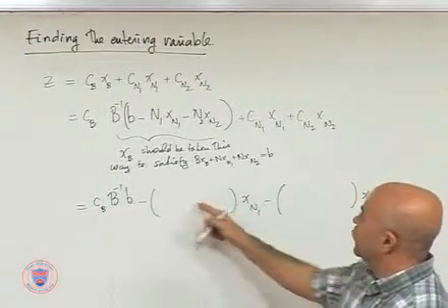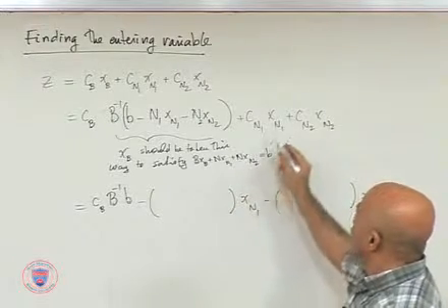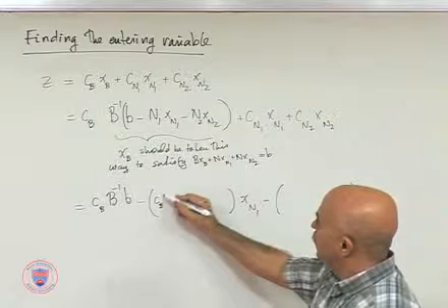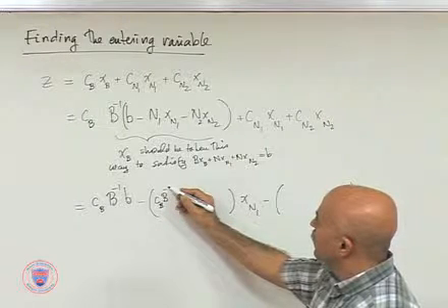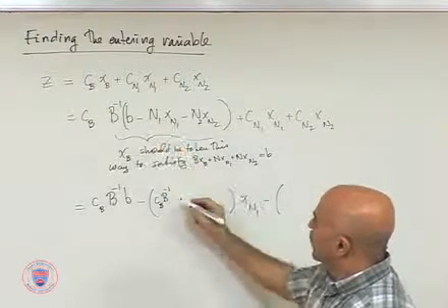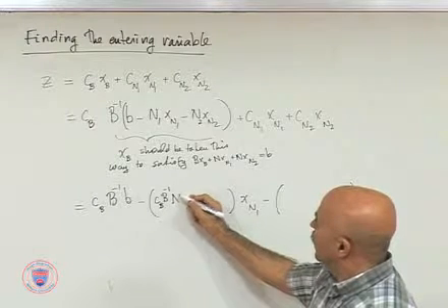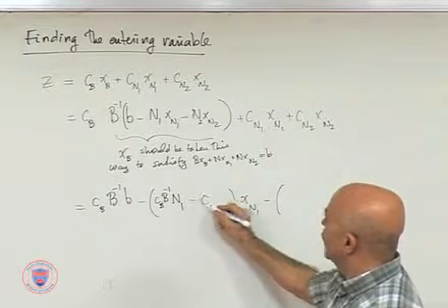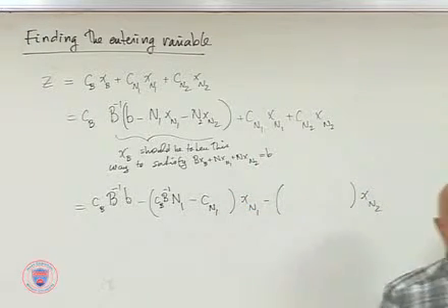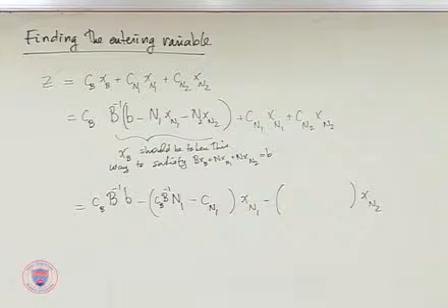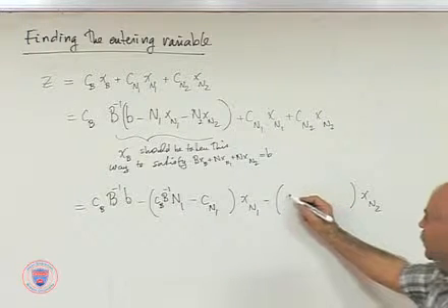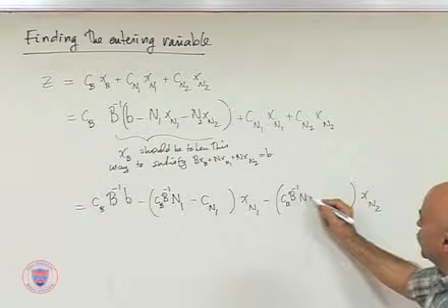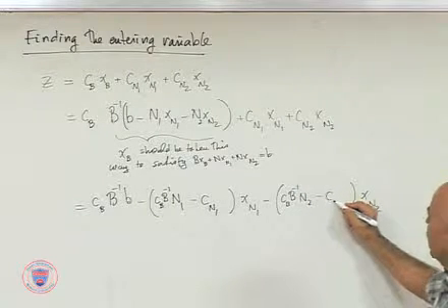What are the multipliers for xn1? CB B inverse n1 minus Cn1. Yeah, that's your multiplier for xn1. For the second one, of course, we have something similar: CB B inverse n2 minus Cn2.